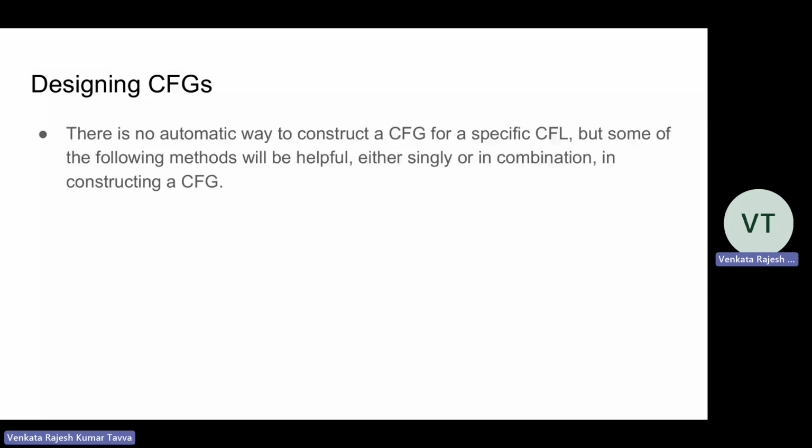Like I said, there is no automatic algorithm to build a CFG, but some tips like if you remember, if you want to build an automaton, or if you are given a problem with subproblems, you basically break it down into subproblems, then solve each subproblem and then combine the subproblems results to get the combined solution for the original problem. Something similar to that. There is no automatic way to construct a CFG for a specific context-free language, but some of the following methods will be helpful, either singly or in combination in constructing a CFG.